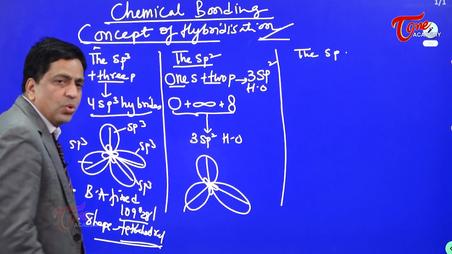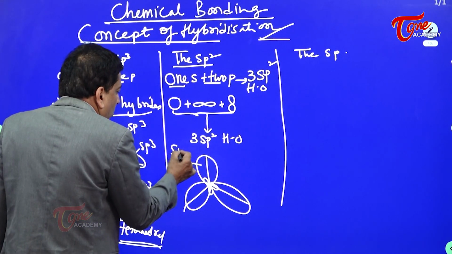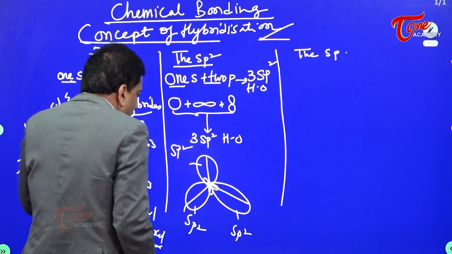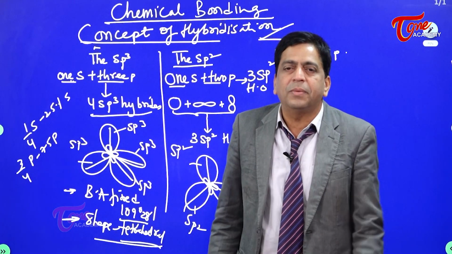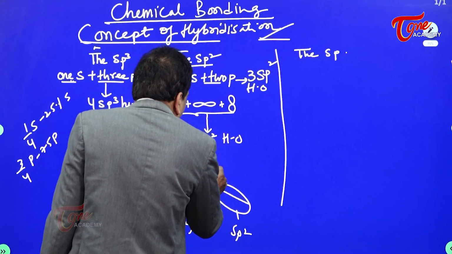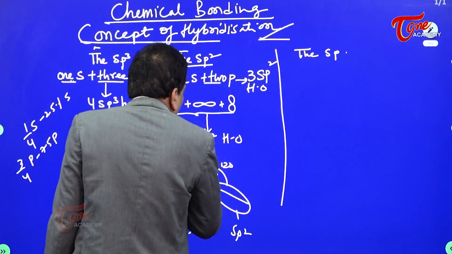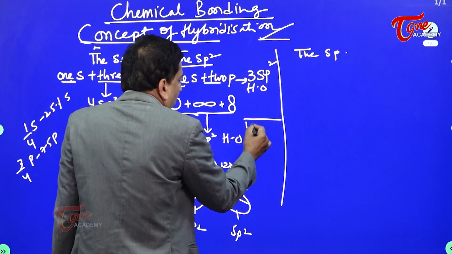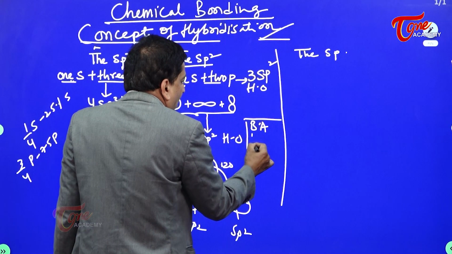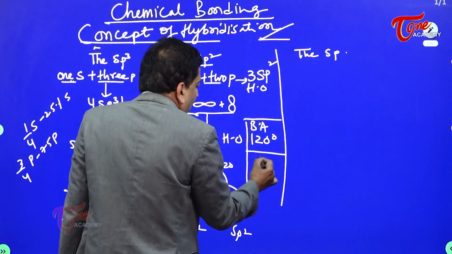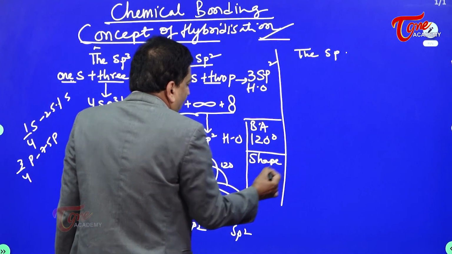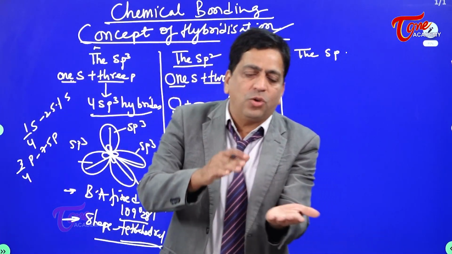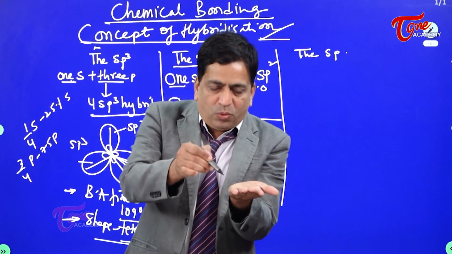Those are sp2s, and this is sp2. This is sp2 and this is sp2. You must understand. All the 3 are sp2s. And the bond angle between them is 120 degrees. So if I can write some of the features of this, bond angle 120 degrees, and the shape is basically triangular planar. That means that you have 1p this way.